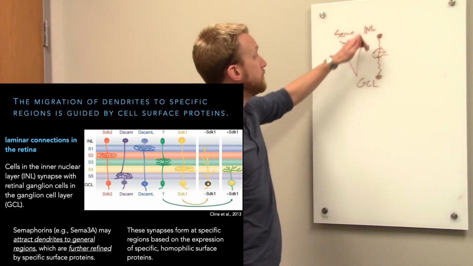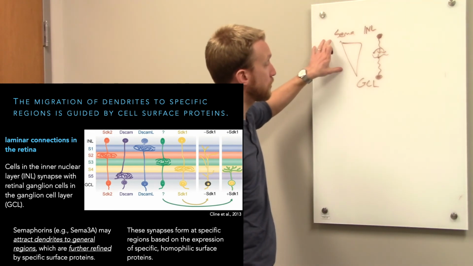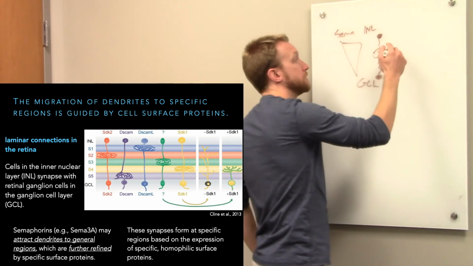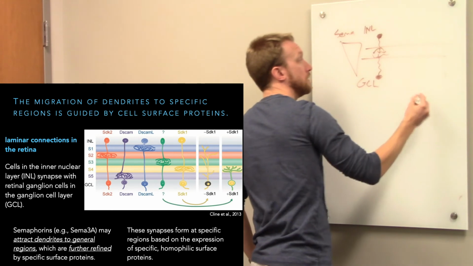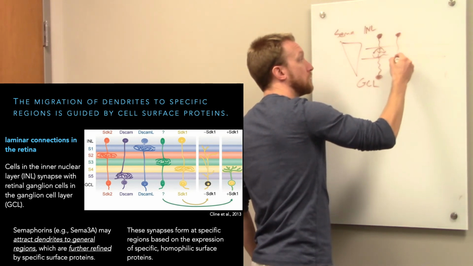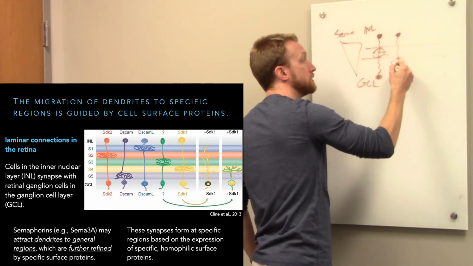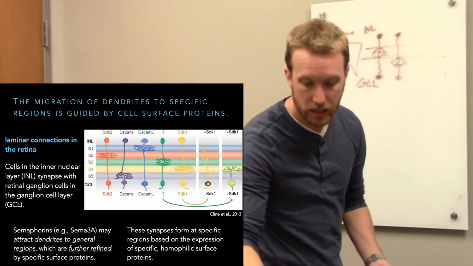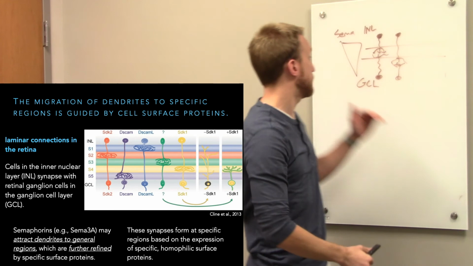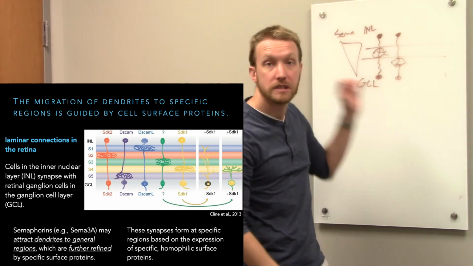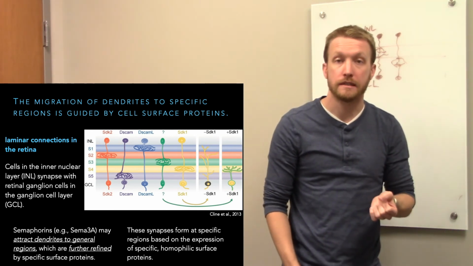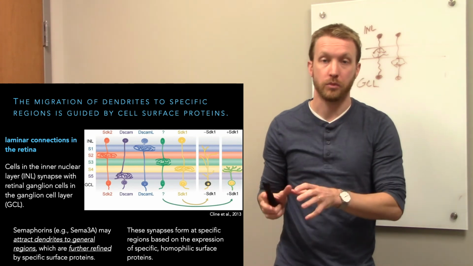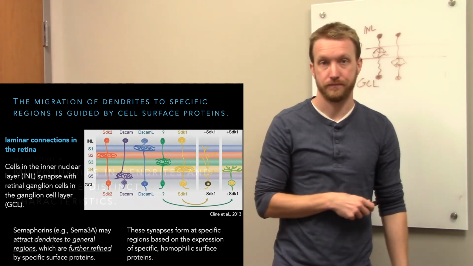Where they meet up depends on how responsive they are to that semaphorin gradient, so you'll find some synapses here, others might be a little lower in a different layer, but we do see distinct layers of synapse formation. That's likely a combination of this semaphorin gradient and specific surface proteins that allow one neuron to stick to its partner, but not the others.